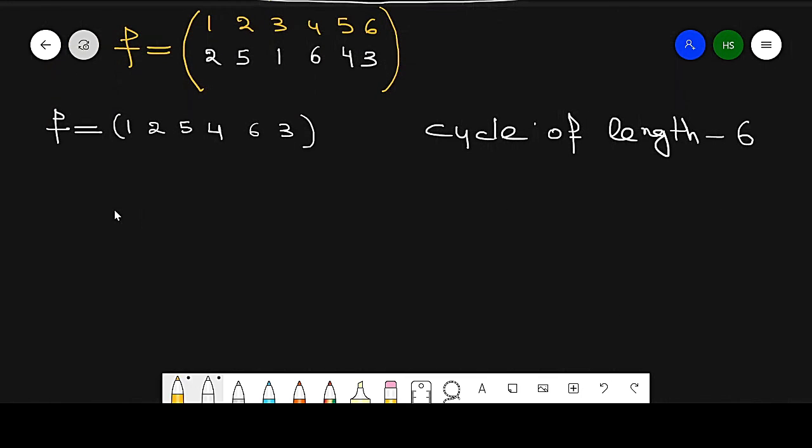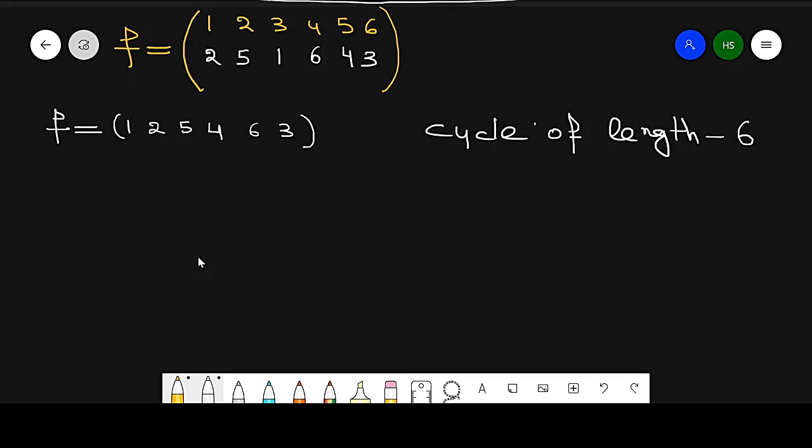This cycle is also an orbit, a class of any of its elements. So it is the orbit of element 1, also of element 2, 5, 4, 6, and 3. In this way we can find the cycle.